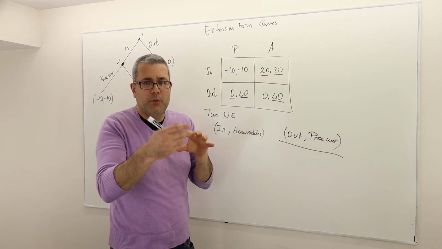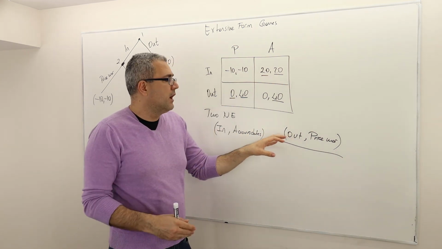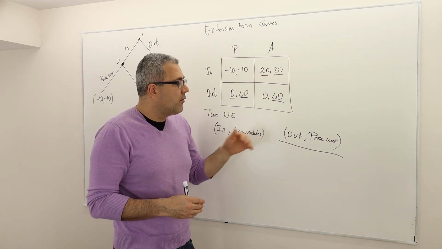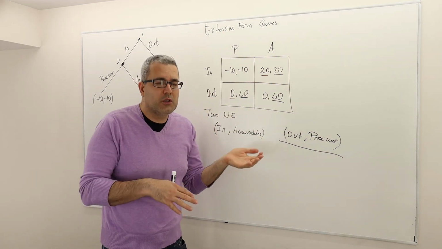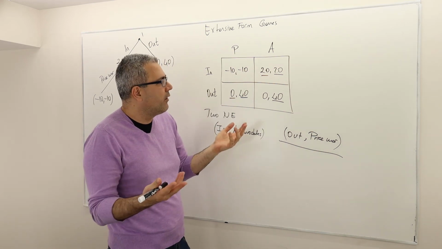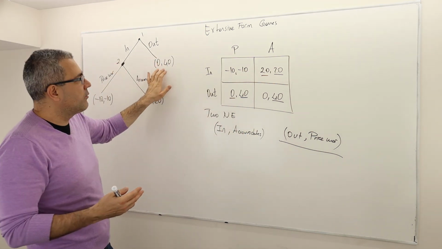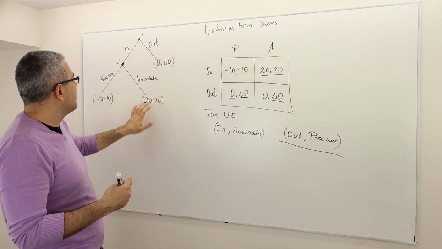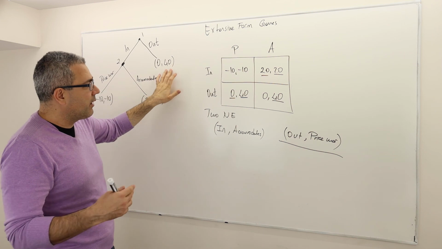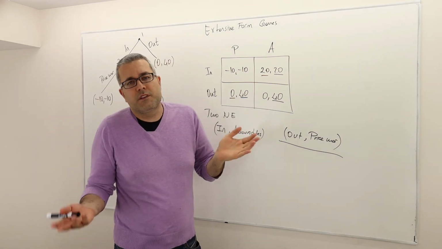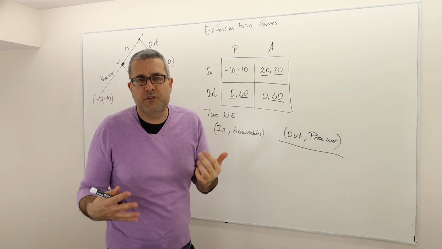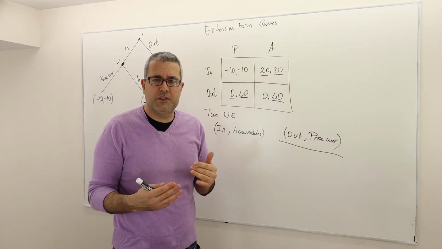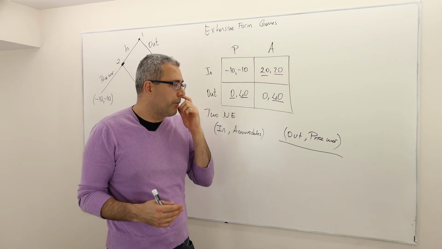Because my opponent, player one, is going to stay out. This is what I believe him to do. Then whether I start a price war or not doesn't really matter. As the second player, my payoff is going to be 40 anyway. So price war is a best response, and accommodate is also a best response. So each player is playing a best response, and hence this is a Nash equilibrium.